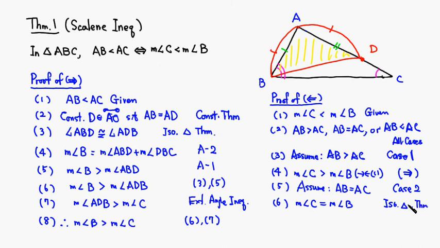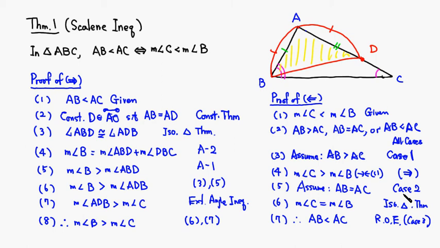And then we're done. Therefore, we eliminated the first 2 cases. So we have AB is less than AC by rule of elimination. This was case 3, so that proves the other implication.